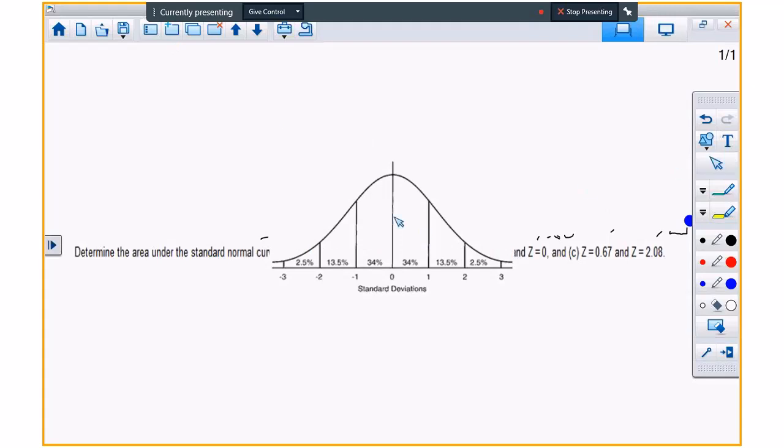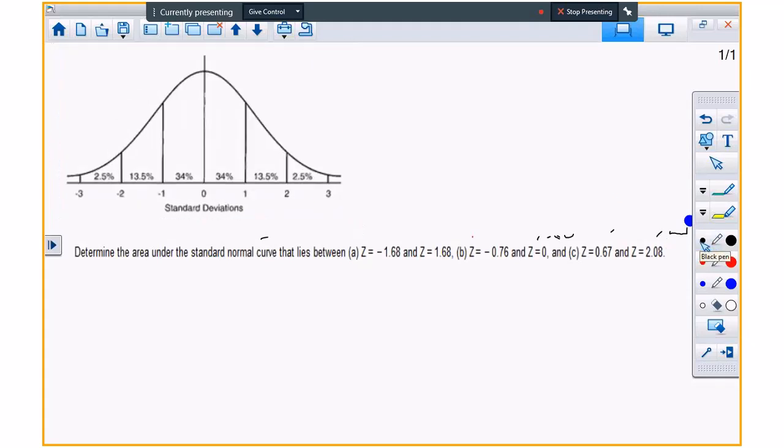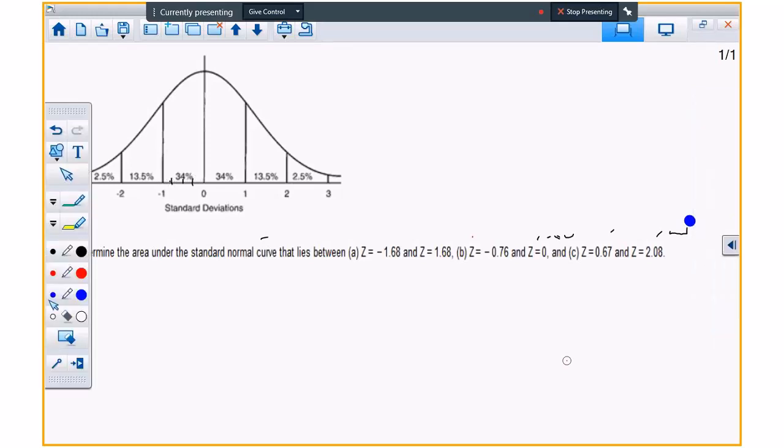No, they wouldn't do it. All right, so negative 0.76, there's 0.75, 1, 2, 3. So 0.76, I'll do it in red.